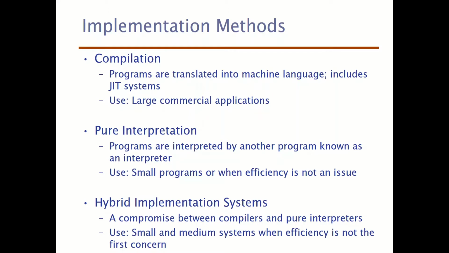Okay, so we have three paradigms, or you can say three categories. The first one is the compilation, or the compiled language. The compiled language is literally translated from the high-level language directly to machine language. Okay, and we'll explain about it.